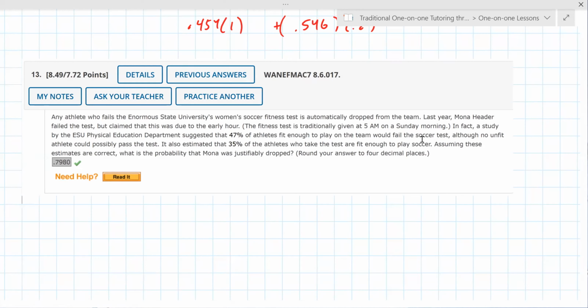Okay. 47% of athletes fit enough to play on the team would fail the soccer test.